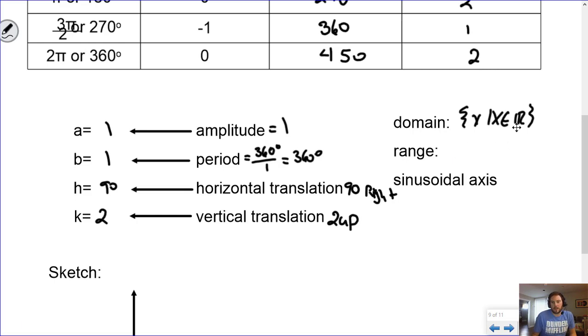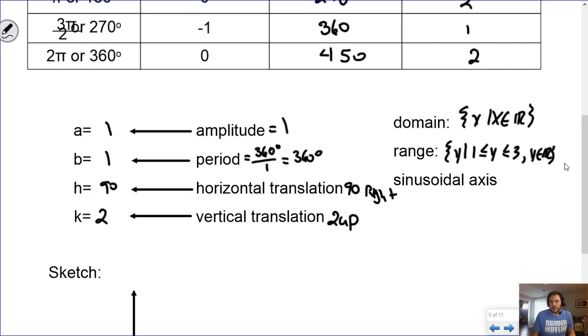Because there is no value for x that we can plug in and not get an answer. My range, on the other hand, will change because it is stuck between that highest and lowest point. We have to consider that. So for this one, my range is y, such that 1 is less than or equal to y, less than or equal to 3. Right? Those were the highest and lowest points on my graph. And then y is still a real number.